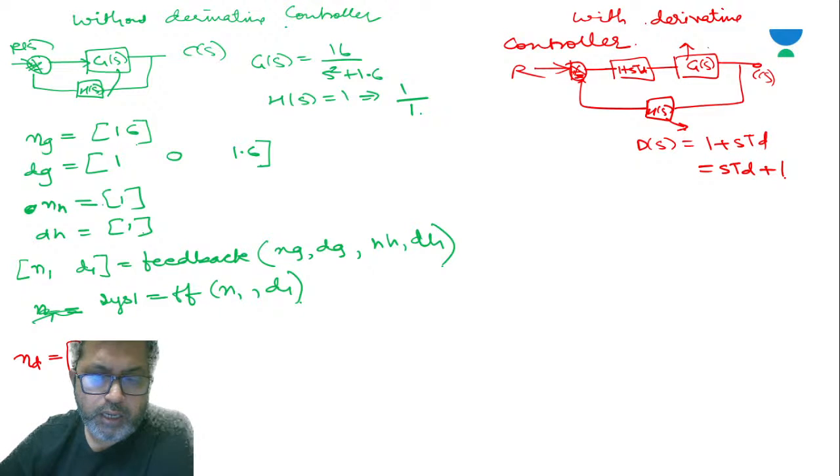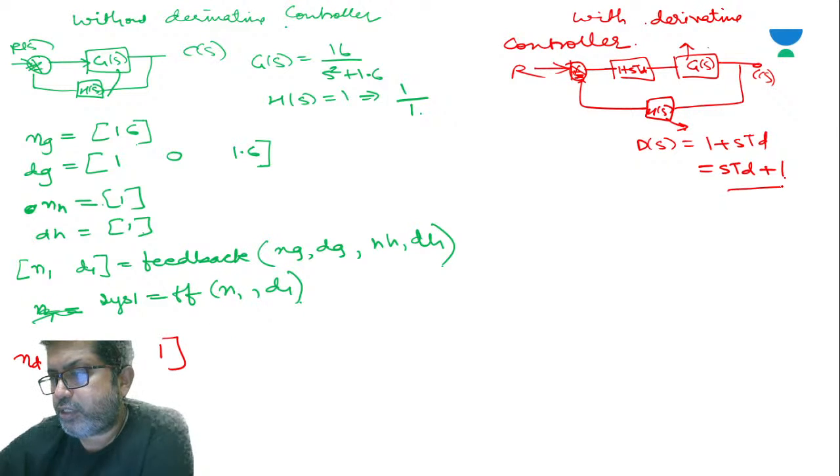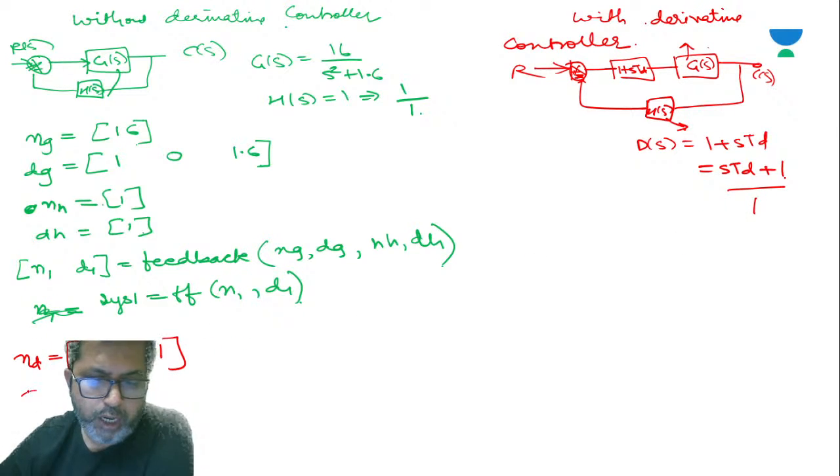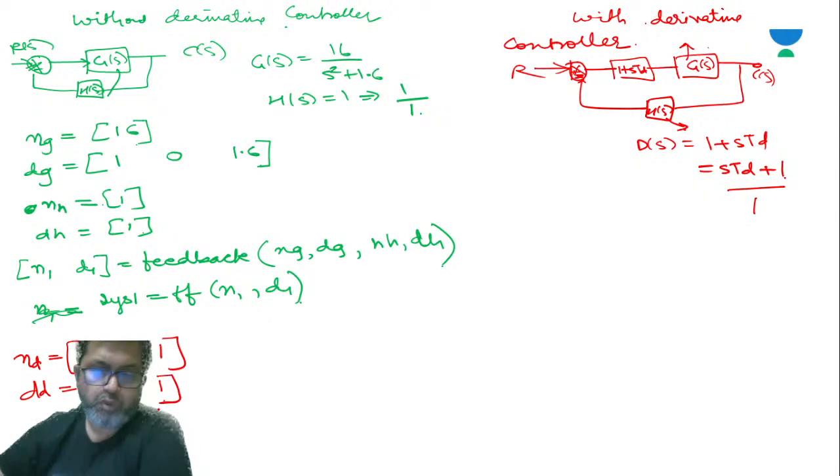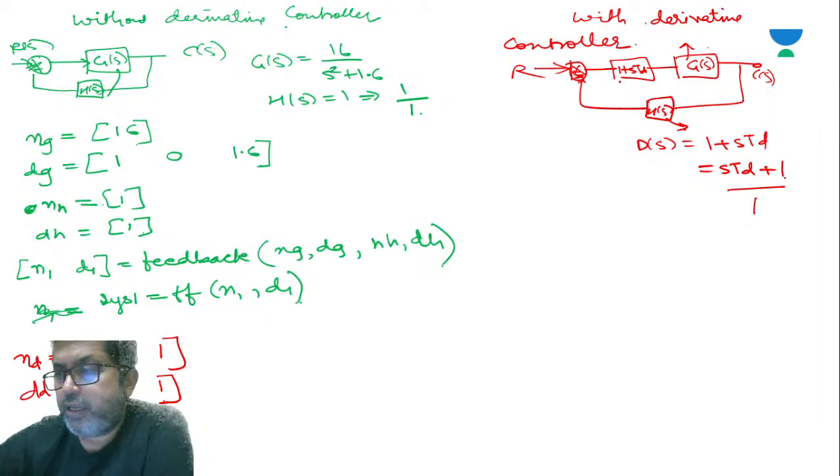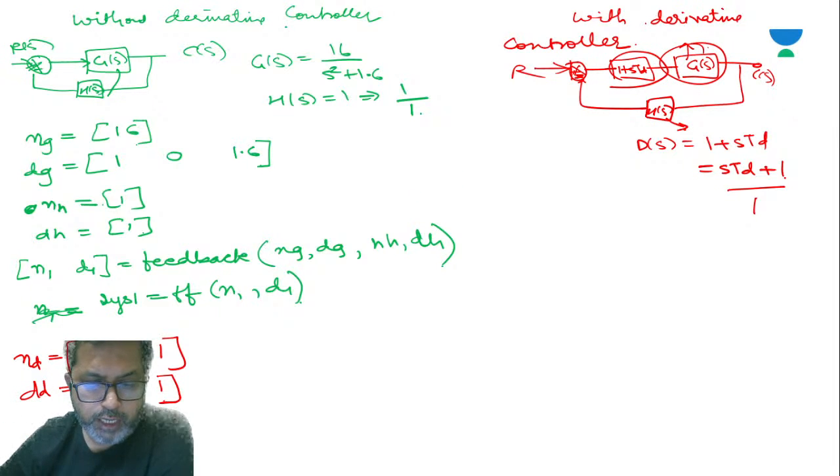The s factor is TD and the constant term is 1. This is divided by 1. The denominator DD is s term 0, constant term 1. Then these two are in series.